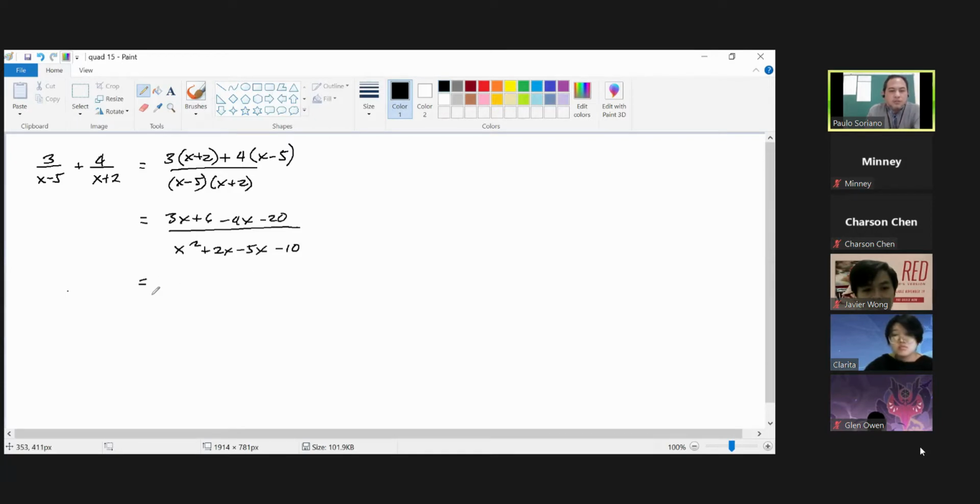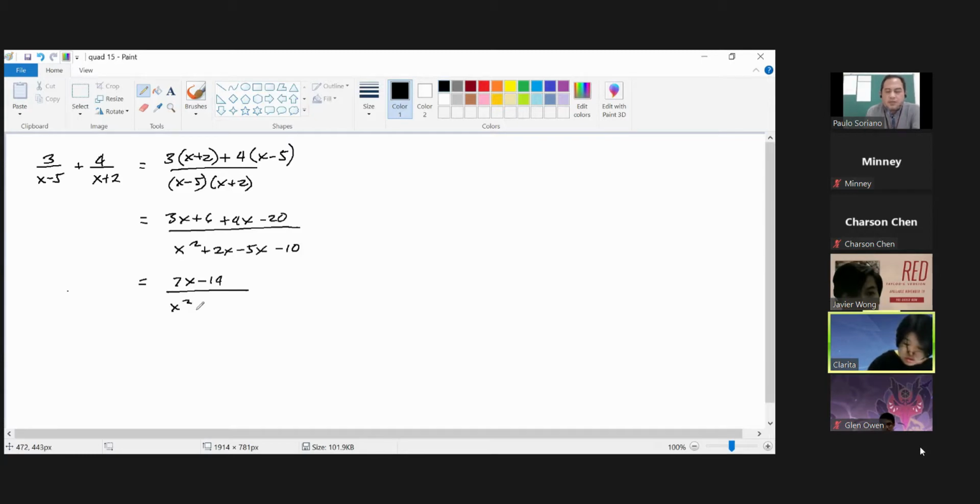So the simplified form, the final answer, becomes 7x minus 14 over x squared minus 3x minus 10.